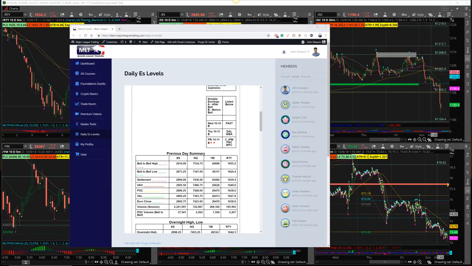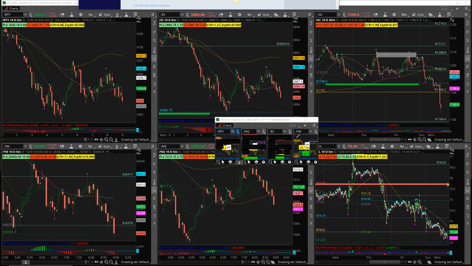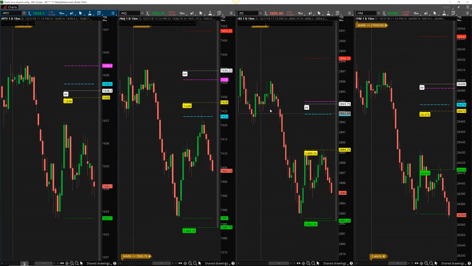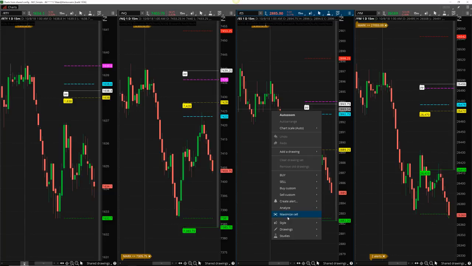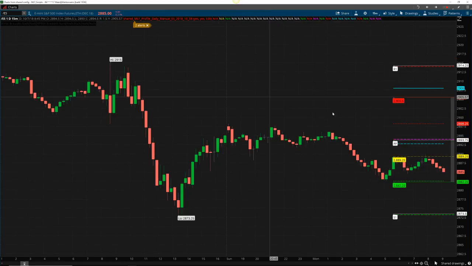For our previous day's summary for the S&P 500, here we have our multi-grid layout created every single morning at Major League Trading. The 29.14 bell-to-bell high zone all the way up here.